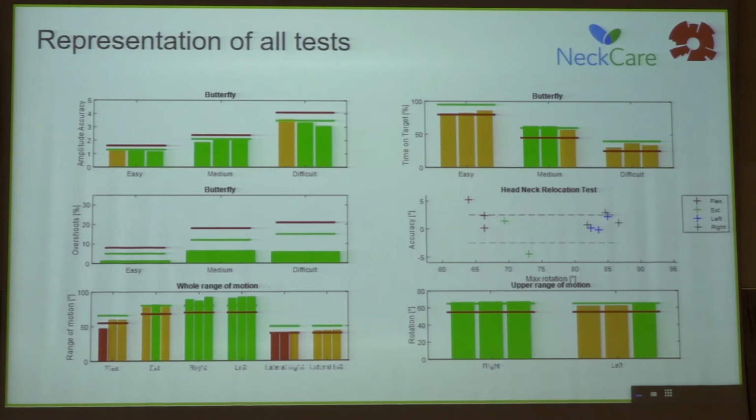So I've just been showing you a cross-section of all the tests, but what about on an individual level? A person can be good in one test and bad in another. So getting a holistic view over all the tests for each individual can give the clinician ideas about where the deficiencies are.